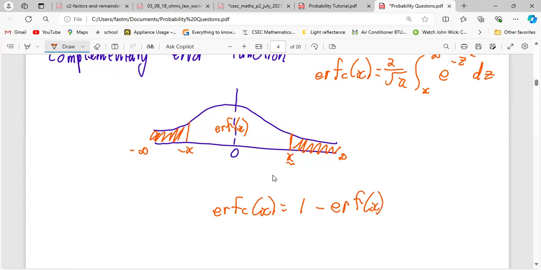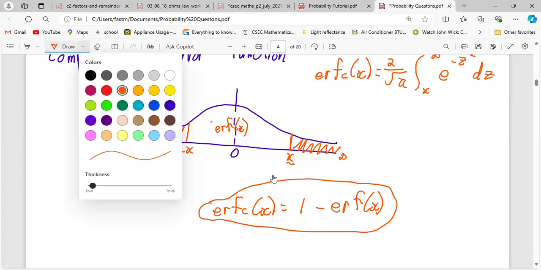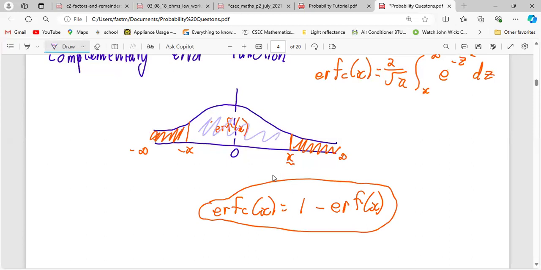If you subtract erf from 1, you'll get erfc, because the total area is 1. And we know erf is this piece inside, the majority. This is erf.